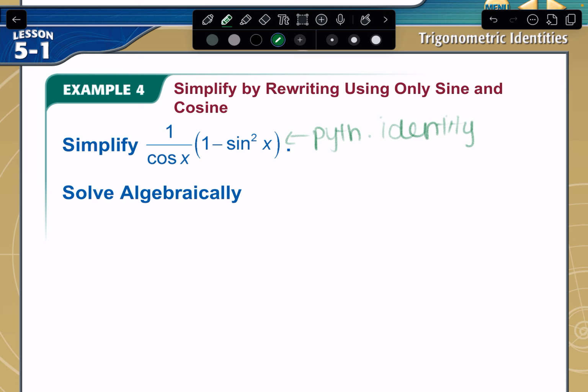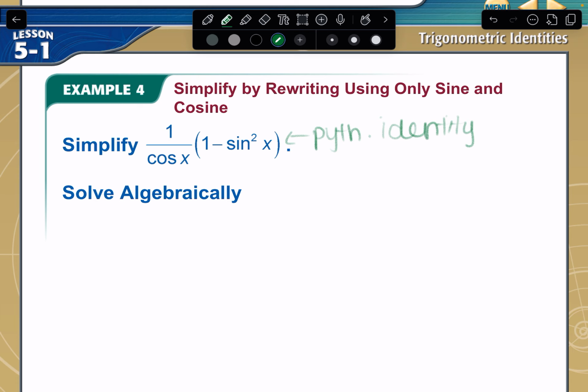So if you look back at your Pythagorean theorem identities, one of them states sine squared plus cosine squared equals 1. Again, at the very beginning, we talked about rewriting those so they're written a little bit differently, as far as rearranging it.